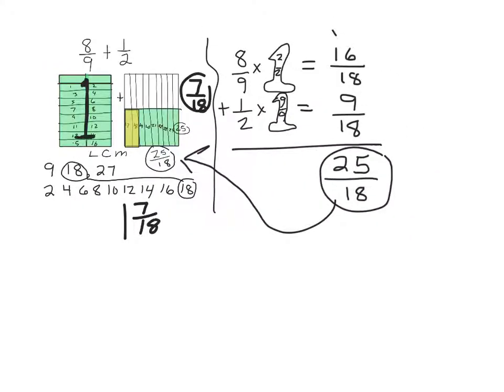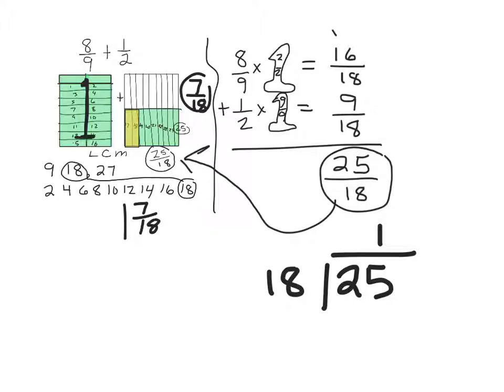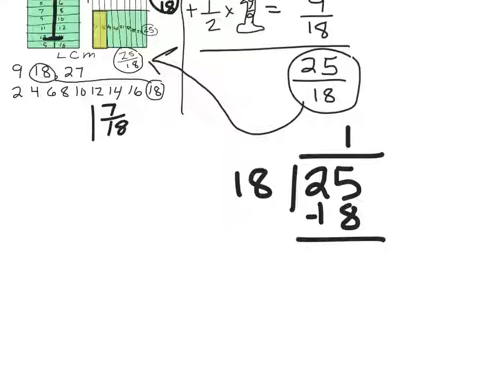And as I always say, you can think of fractions in 3 ways. 25/18, 25 out of 18 parts, or 25 divided by 18. And that's what we're going to do right here. We're going to take 25 and divide it by 18. And 18 will go in there one time, which will give me 18. And then I'm going to subtract. I need to make a little more room. And I've got trouble coming, don't I?